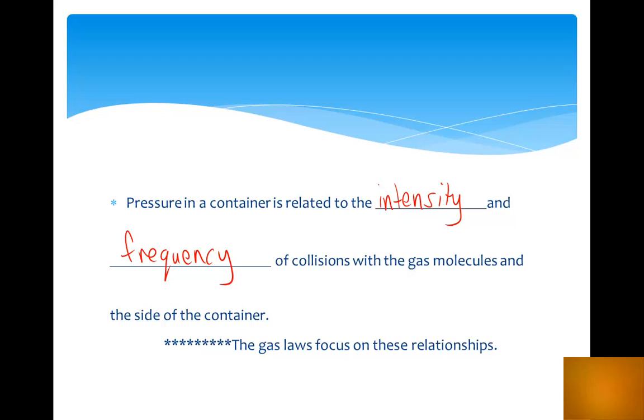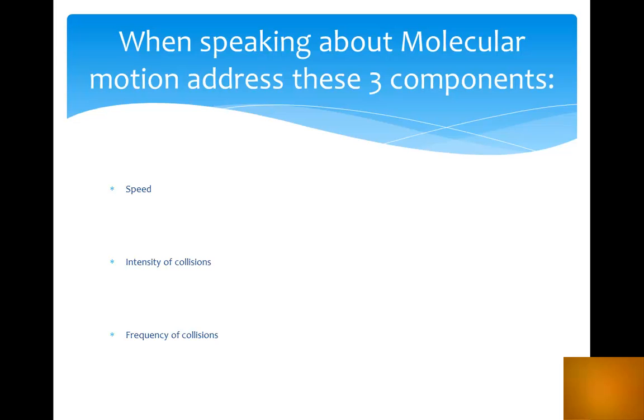When we say intensity, we mean how hard the molecules are colliding with the side of the container. And when we say frequency, we mean how often the collisions with the side of the container are occurring. The gas laws we'll be studying will focus on these relationships.